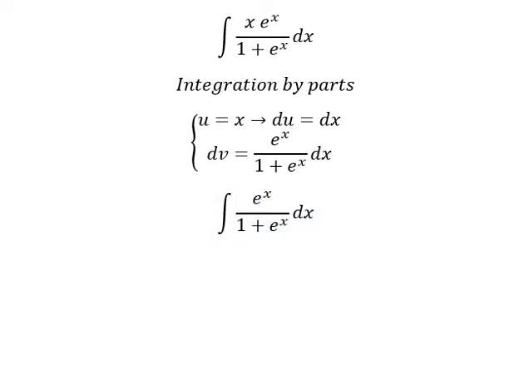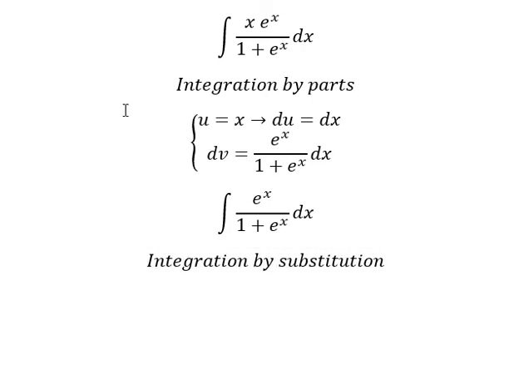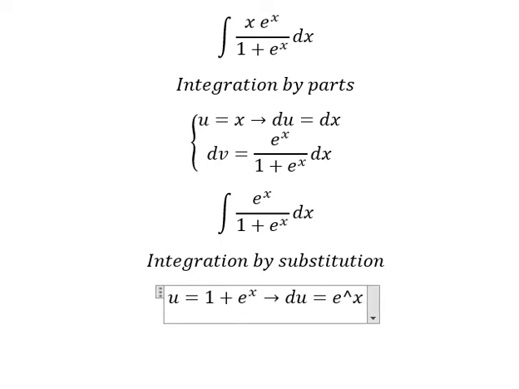So we need to use integration by substitution. I need to put u equals 1 plus e to the power of s. Later we do the first derivative for both sides, and we have du equals e to the power of s ds.